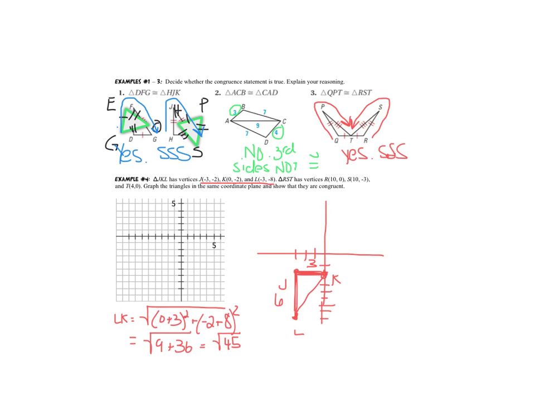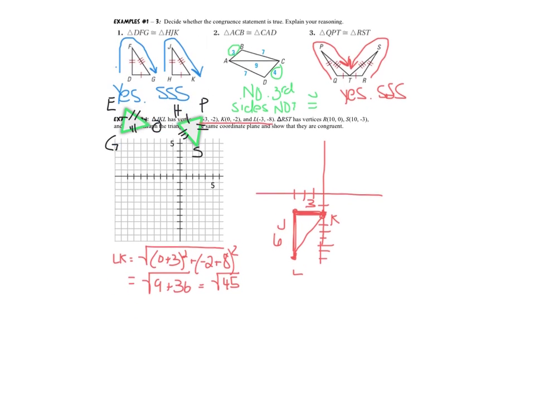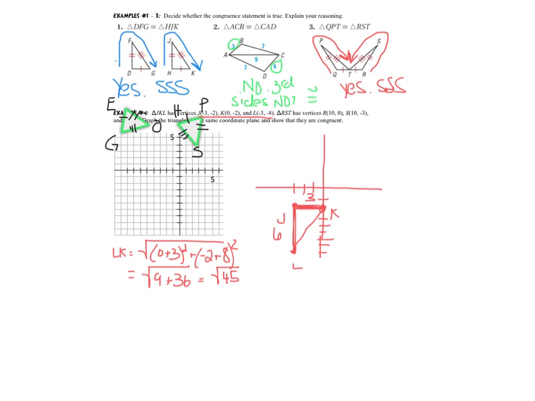I will, of course, simplify this because we don't leave radicals not simplified. So the square root of 45 has 9 and 5 as factors. So the square root of 9 times the square root of 5. Square root of 9 is just a weird way to write the number 3. So it's 3 square roots of 5. All right, so I have my 3 side lengths of triangle JKL.